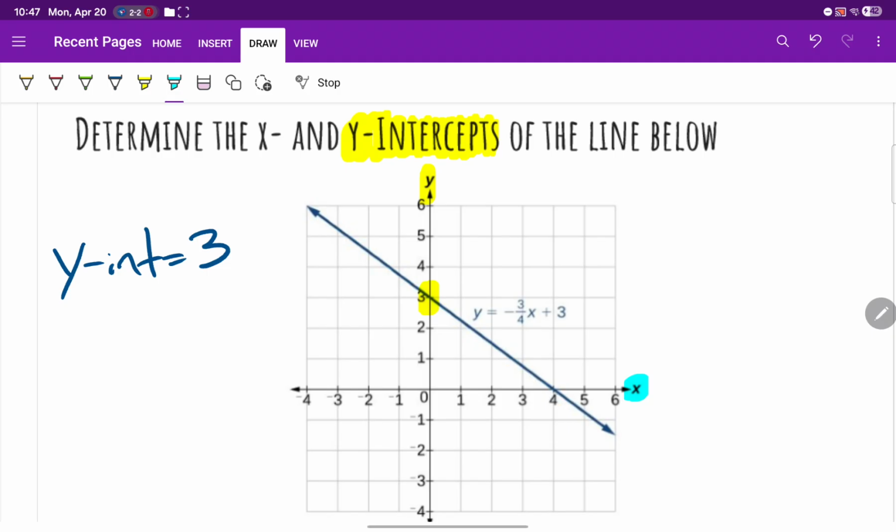It crosses the x-axis right here. And so in this question, my x-intercept is going to be equal to positive 4. Okay? X and y intercepts. It's where your line crosses the x-axis or where your line crosses the y-axis.